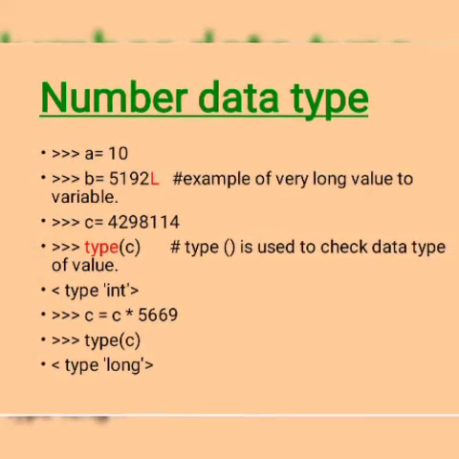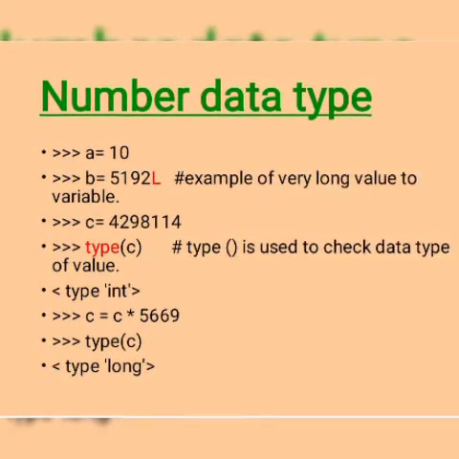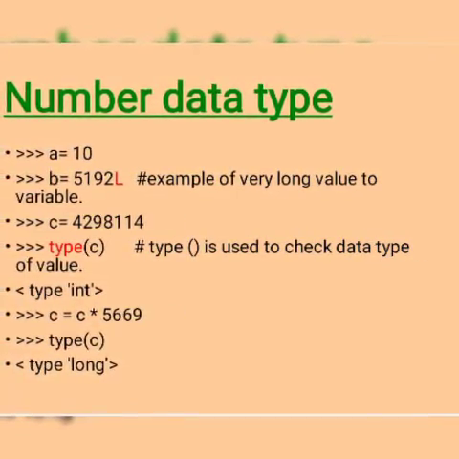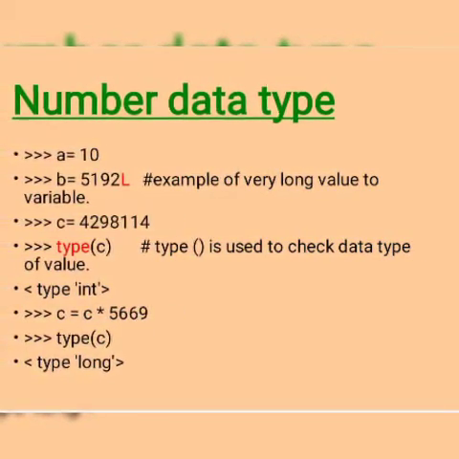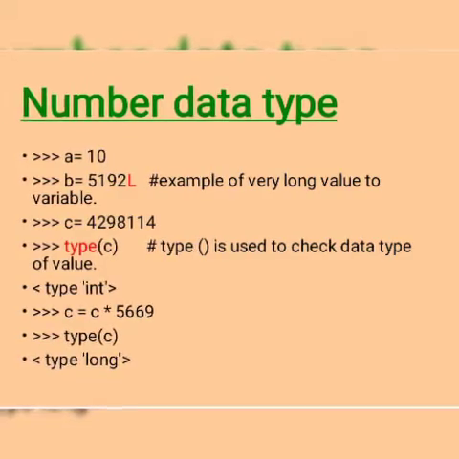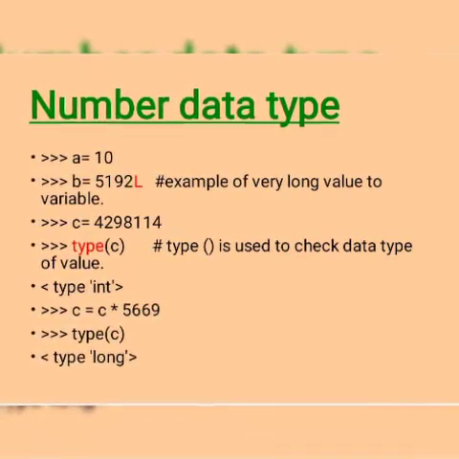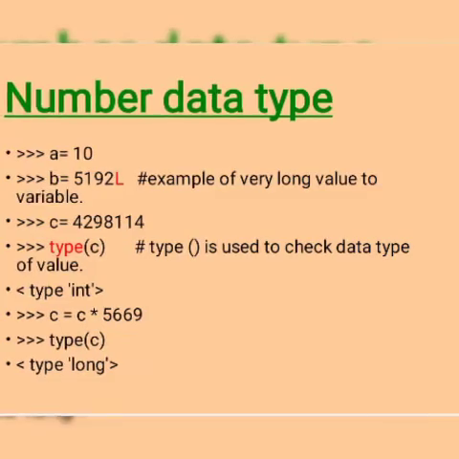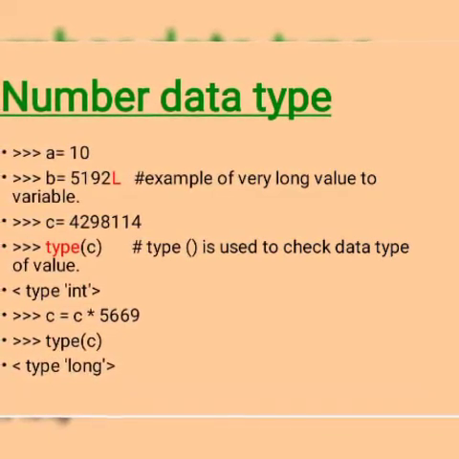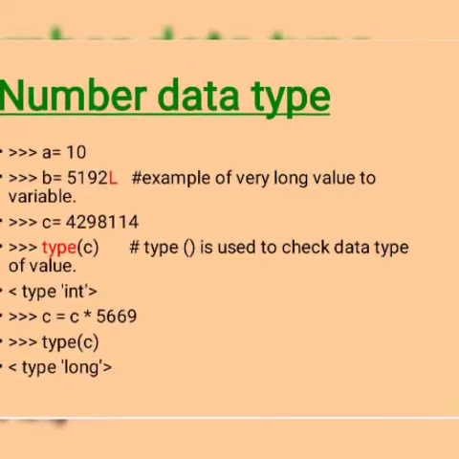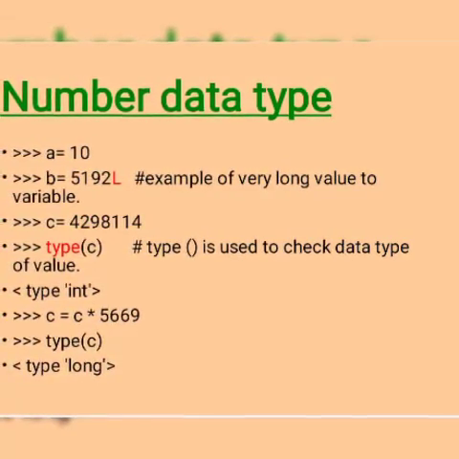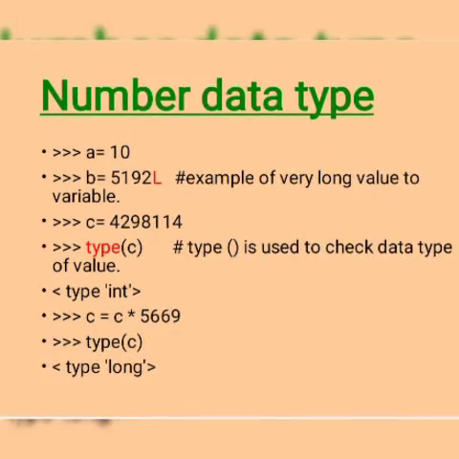And then we have another command, that is c is equal to c into 5669. That is, we are doing the operation of multiplication, and then we write another command, type(c), to see which type of data c is holding here, and the result is type long, because c is holding long type of data.